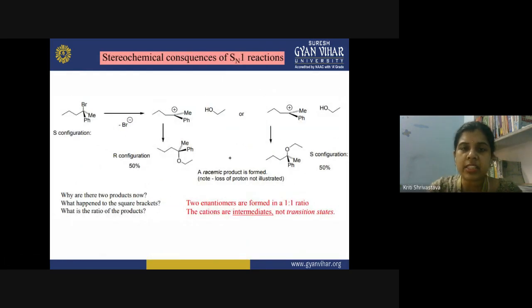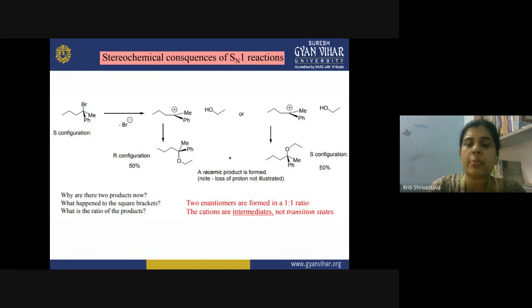So let us now discuss the stereochemical aspects of the SN1 reaction. Suppose we started from the S configuration on the carbon atom. What will be the first step in the SN1 reaction? Our leaving group will leave the substrate molecule. Because the leaving group has left, there is now room for the nucleophile to attack the carbon atom from any direction, right?